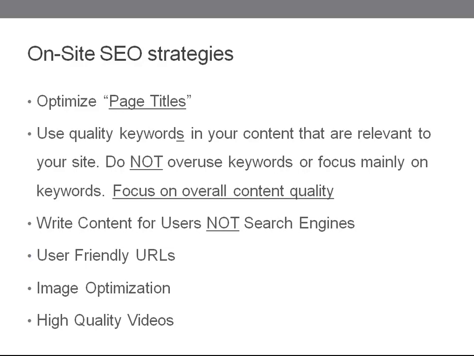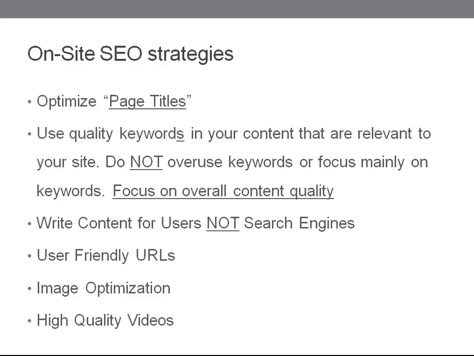Image optimization, a lot of people overlook this, but images have names. So your image name, whatever .jpeg or .png, this should be something that's user friendly, a word, not maybe a number or something like that.